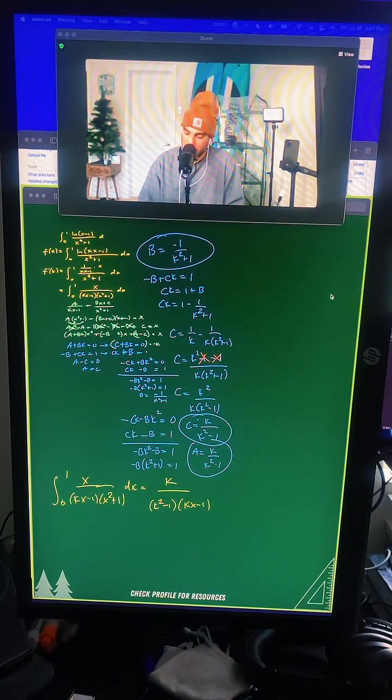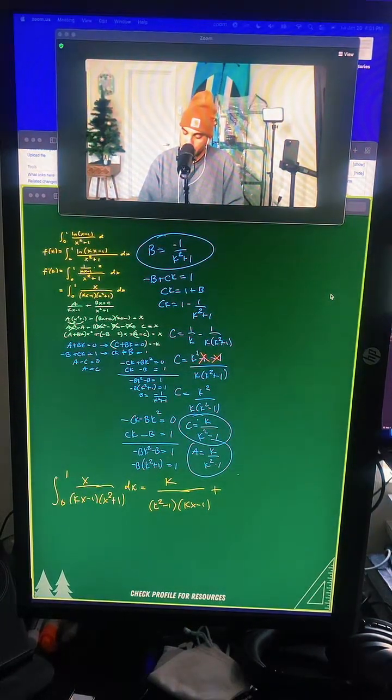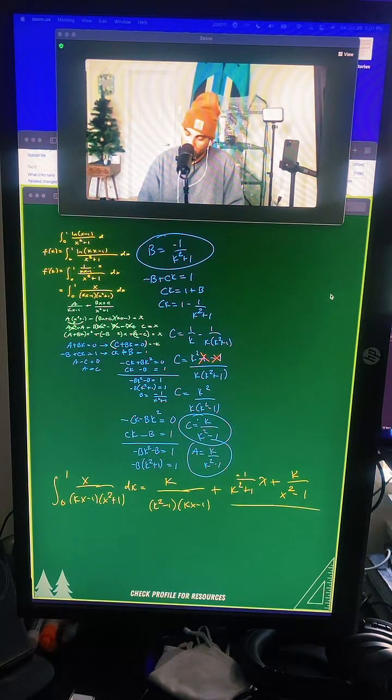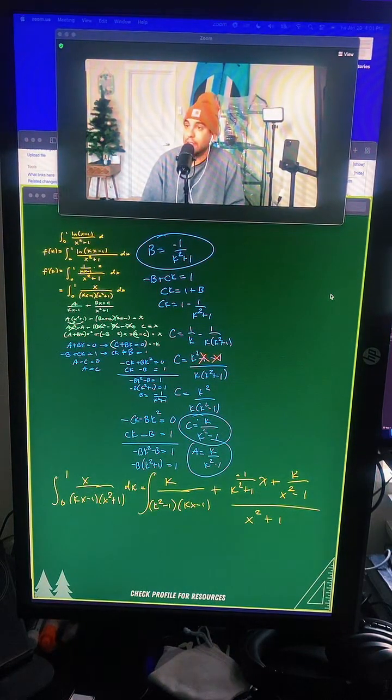But these are all constants, thankfully. And then plus b is negative, so it's negative 1 over k squared plus 1 times x, plus our c, which is still k over k squared minus 1, all over kx squared plus 1. But these are all constants, so we're not going to really care too much about it. So this is all the integral in terms of dx.